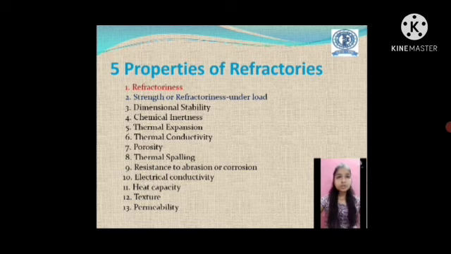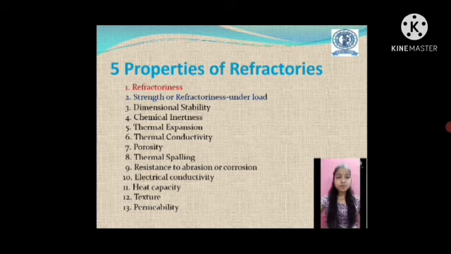So next, my fifth point is properties of refractories. First, refractoriness. Second, strength or refractoriness under load. Third, dimensional stability. Fourth, chemical inertness. Fifth, thermal expansion. Sixth, thermal conductivity.